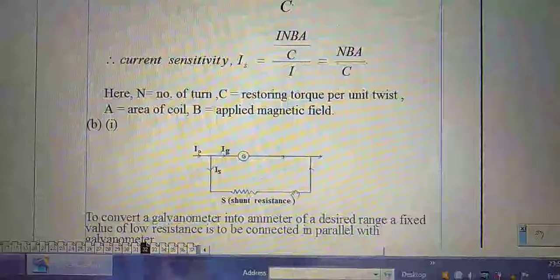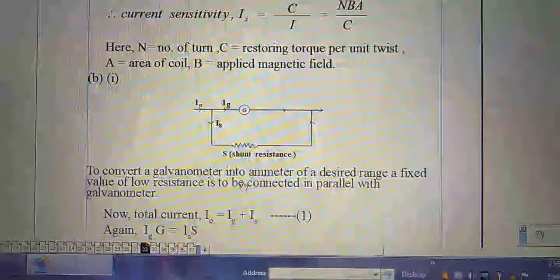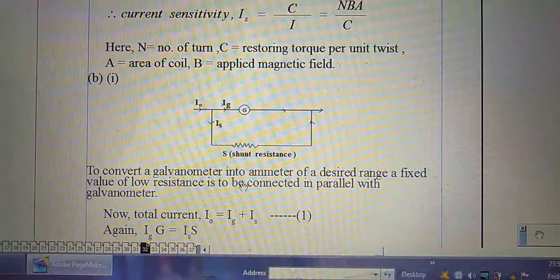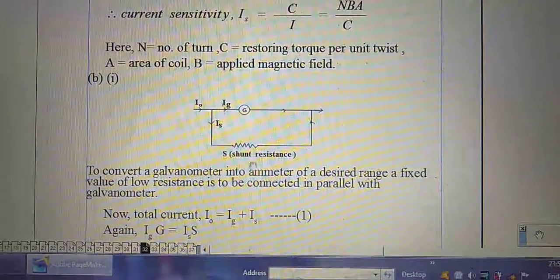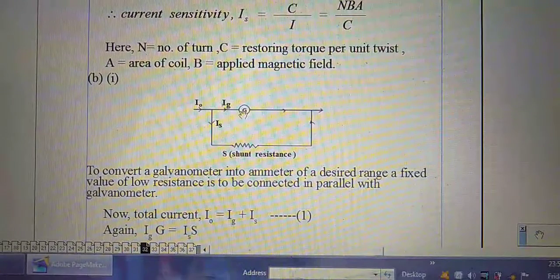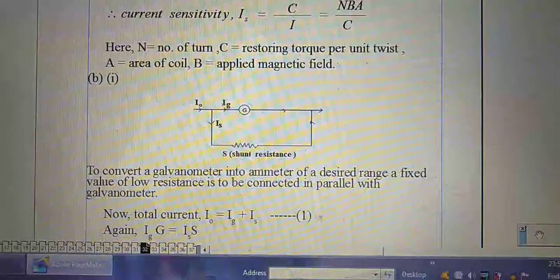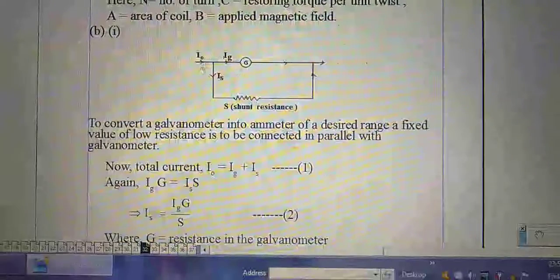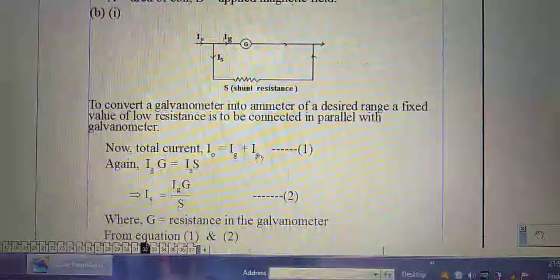Next part B. So how can you convert a galvanometer into an ammeter? You just connect a very small resistance, called shunt resistance, in parallel with the galvanometer, and then it converts into an ammeter. So from this circuit, I naught must be equal to Ig plus Is.